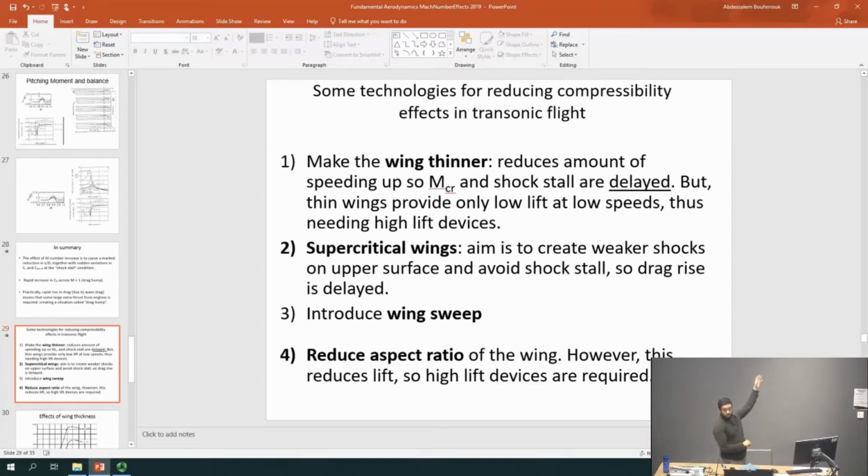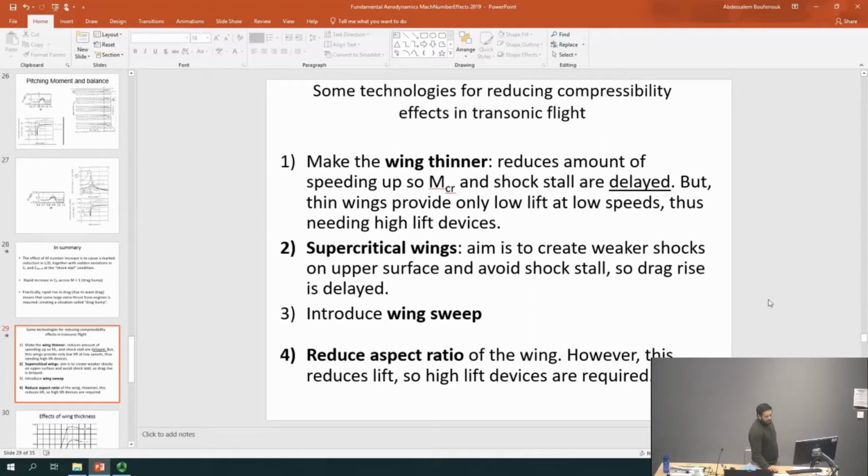And it's actually to do with what we've been discussing. I'll show you why in a minute, why we sweep the wings. And number four is reducing the aspect ratio. So that's another solution. Again, it is trying to do the same thing.